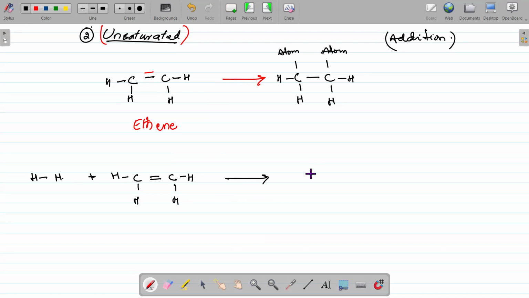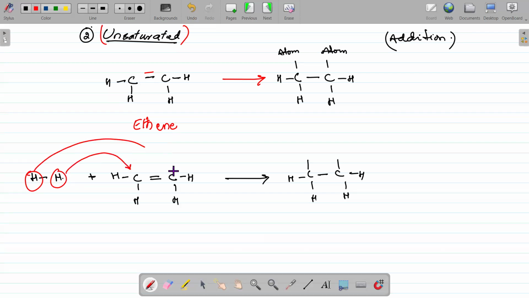One of the bonds will break down like this, right? And a vacancy is created on the ethene molecule. And now these hydrogen atoms will add on each carbon atom. After the breakdown of this double bond, we have seen a created vacancy.